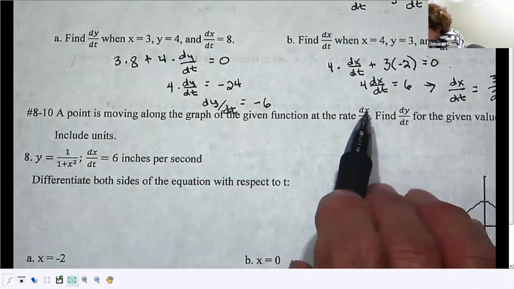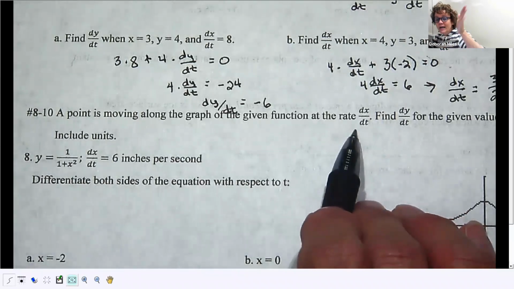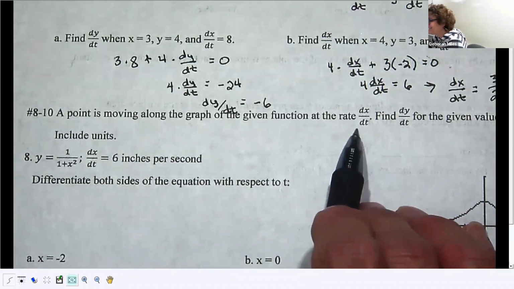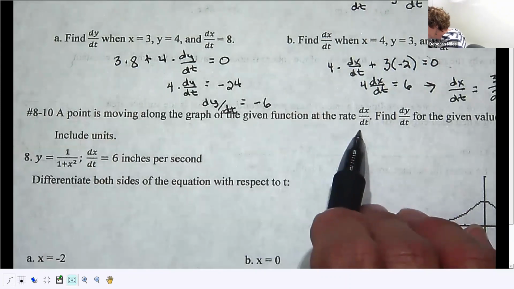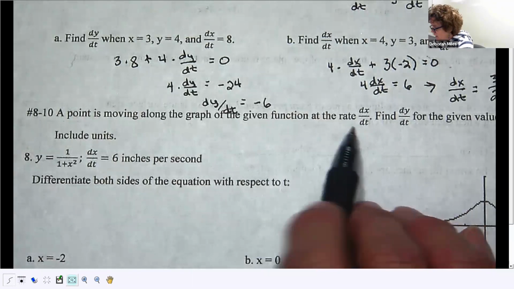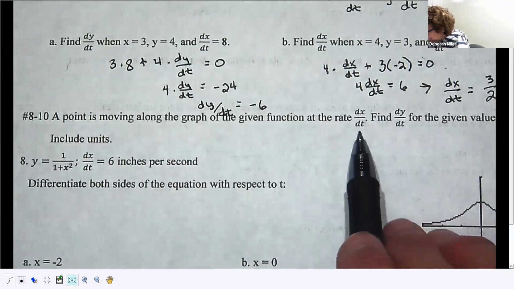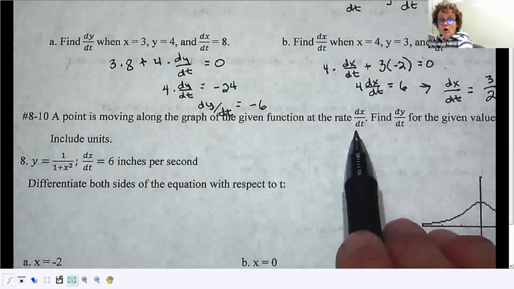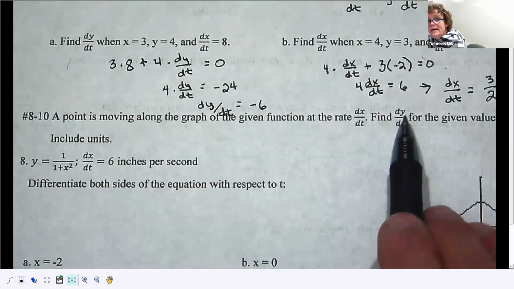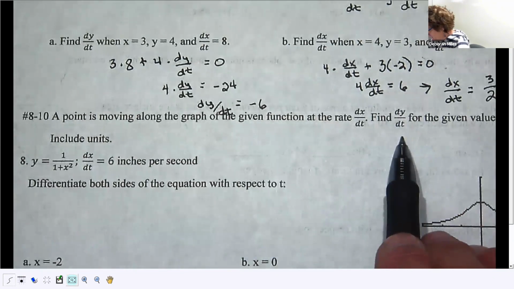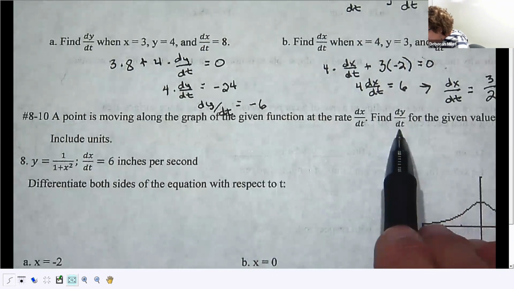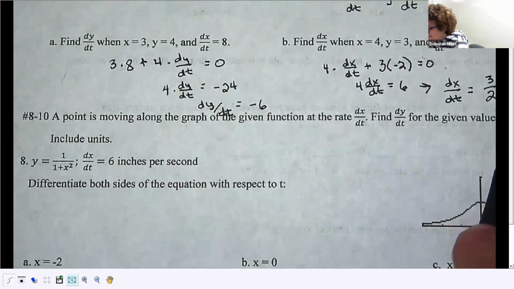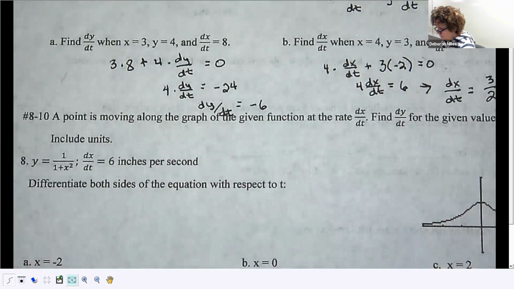I'm going to be given a dx over dt or a change in the horizontal distance. x is always a change in horizontal distance. y is always a change in vertical distance when we're talking about graphs. So dx over dt is the rate of change in horizontal distance. Find the rate of change in vertical distance. Find dy over dt for the given values of x. Make sure you include units.